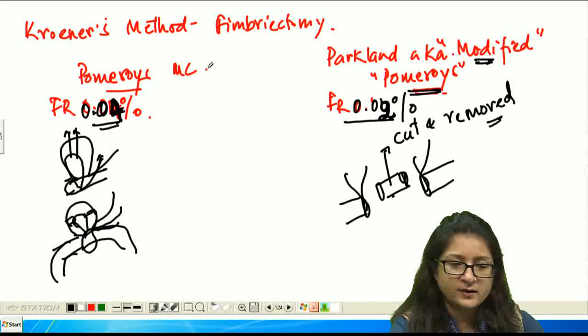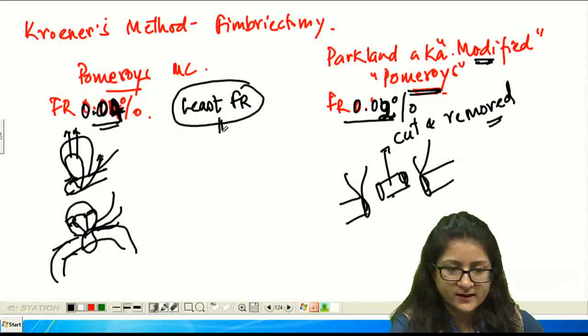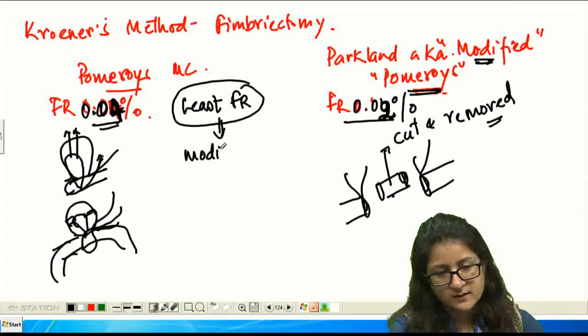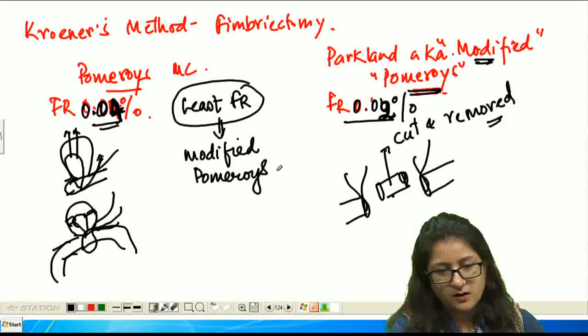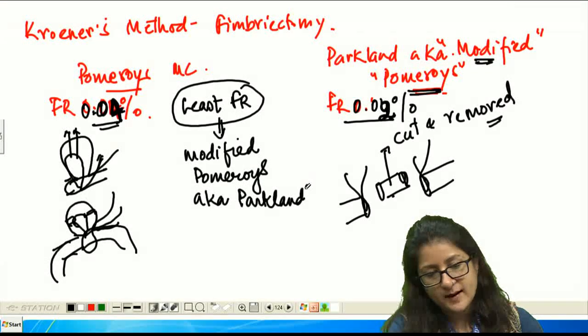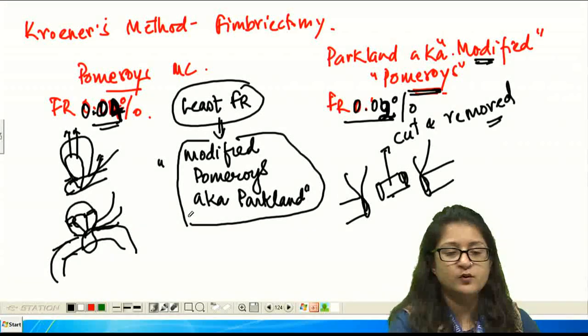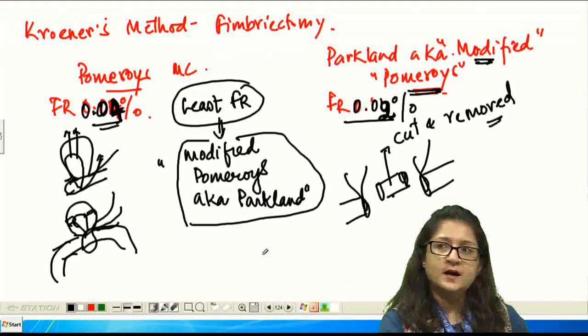So if you talk about which has the least failure rate among the two, the least failure rate is seen with modified Pomeroy's, also known as Parkland. So in the current methods being practiced for tubal ligation, the least failure rate is seen with modified Pomeroy's, also known as Parkland.